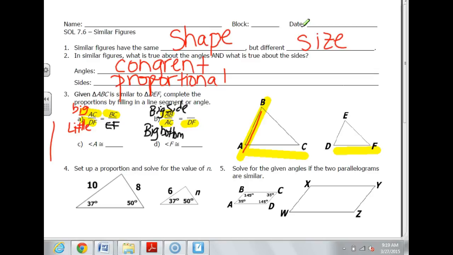So the big side, then this was the little bottom. Then the top has to be the little side, because AC is just like DF. So what's just like AB in the little triangle? You're right, DE.